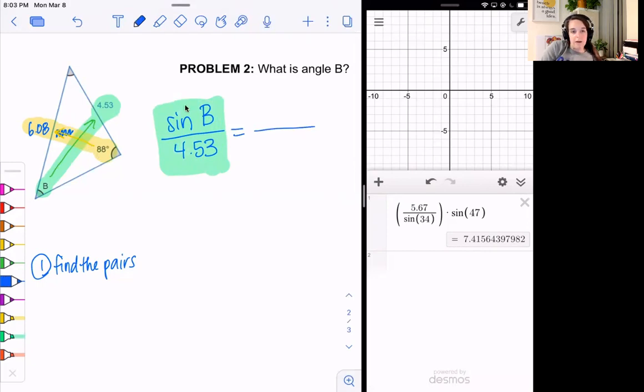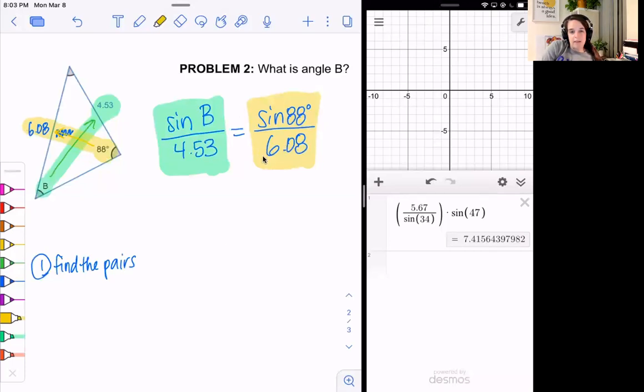I have, since B is an angle, angles on top, I'm going to put angles on top again. So sine 88 degrees, right? Angles on top over my side, which is 6.08. This is my yellow pair from the triangle, right? So yellow goes with yellow.